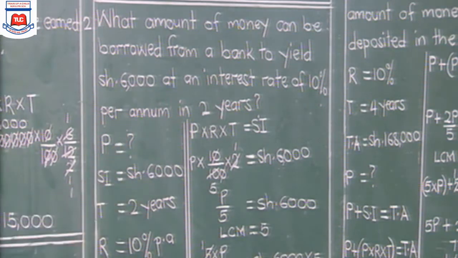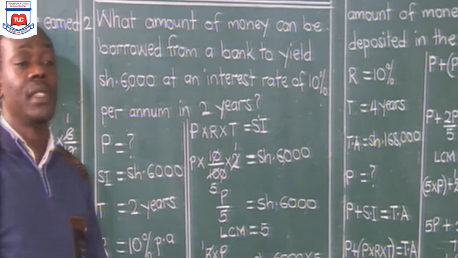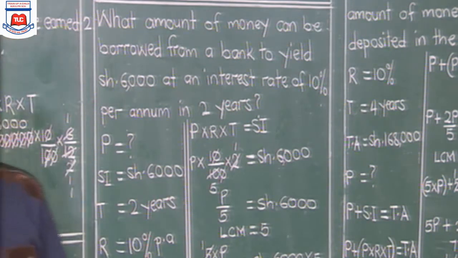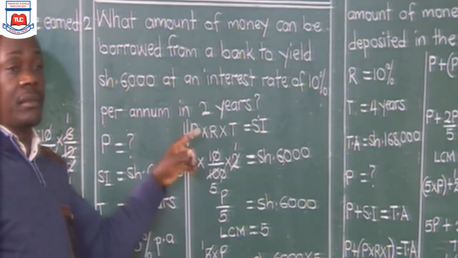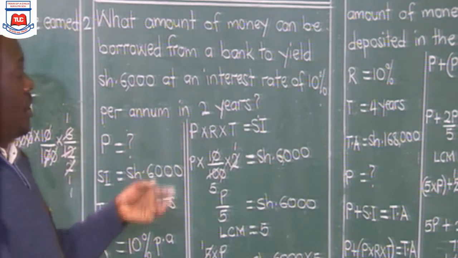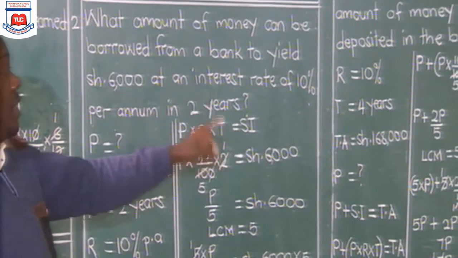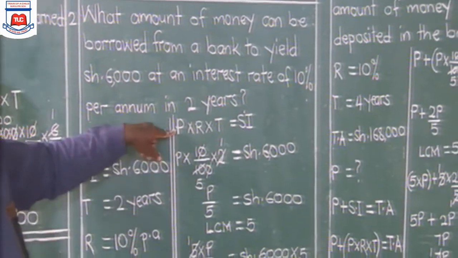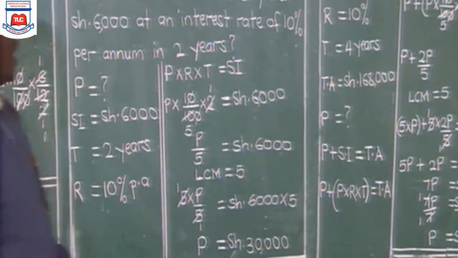Now that we have learned in the first example that simple interest is principal times rate times time, here it is application of simple interest to find the principal given rate and time. So you state it this time the other way around, ending with simple interest. Thus you say principal times rate times time equals simple interest.